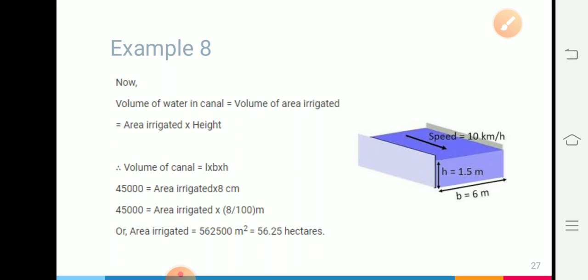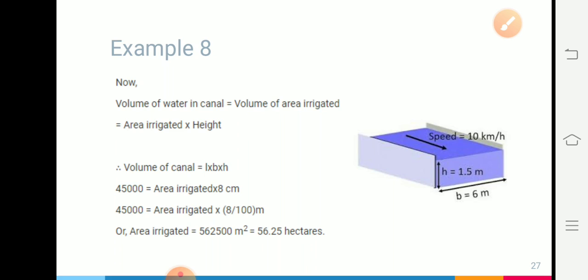Since you know the volume of the canal, the area which is going to be irrigated, whatever is the area into 8 centimeter, so you get the area irrigated as 45,000 by 8 by 100, because once again it is in centimeters, so you need to convert it into meters.